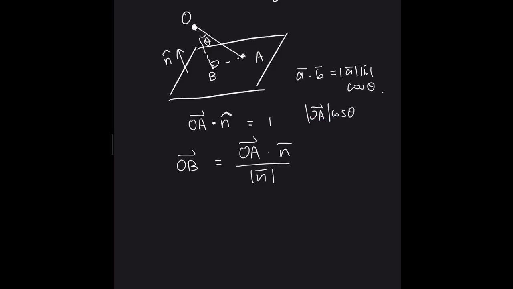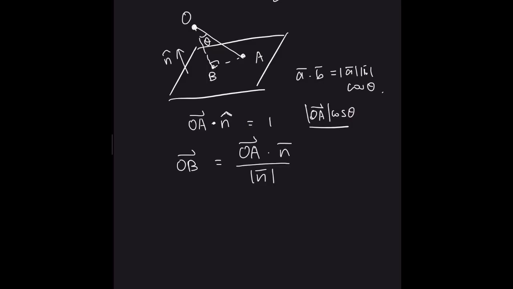This is simply by trigonometry. So to get this, you just have to use OA times n, so that would be A times B divided by the magnitude of B. So that's your magnitude of n, and that will give you this expression, which is just the length of OB.